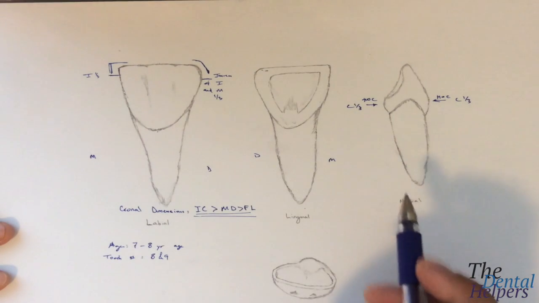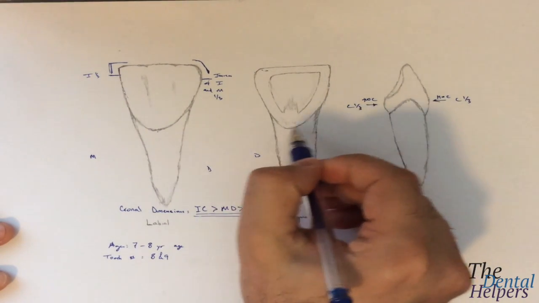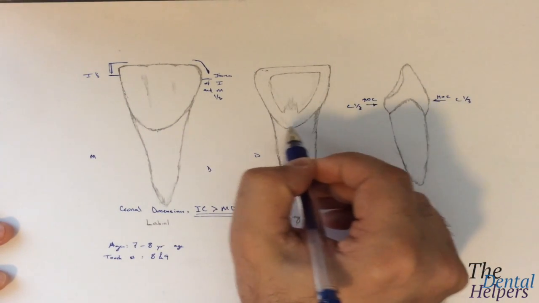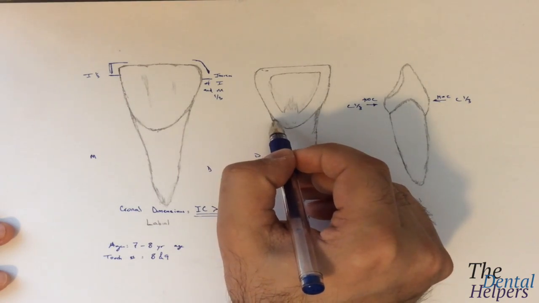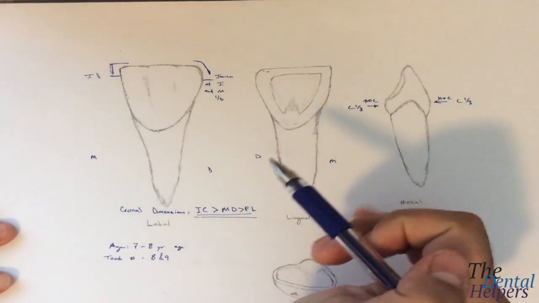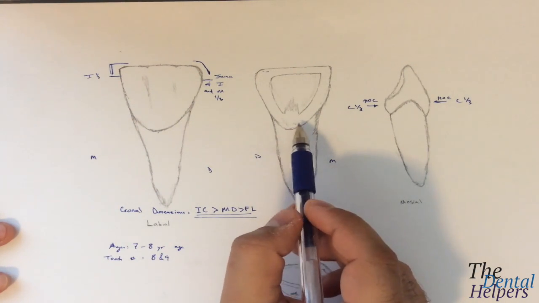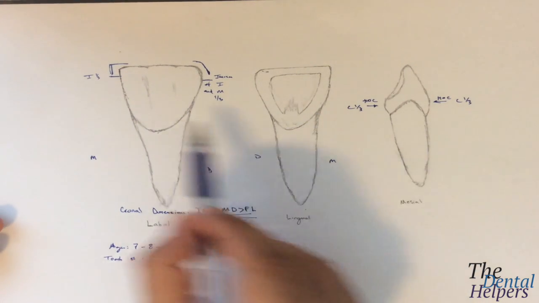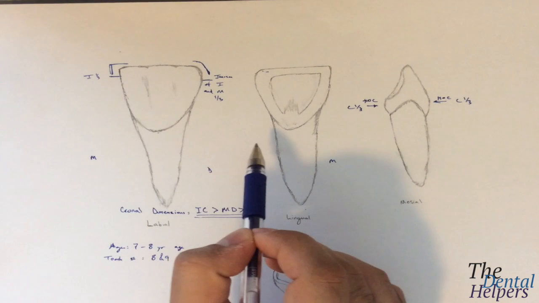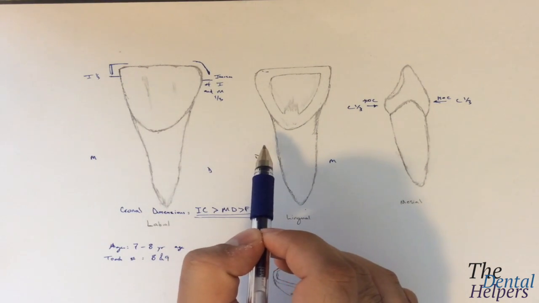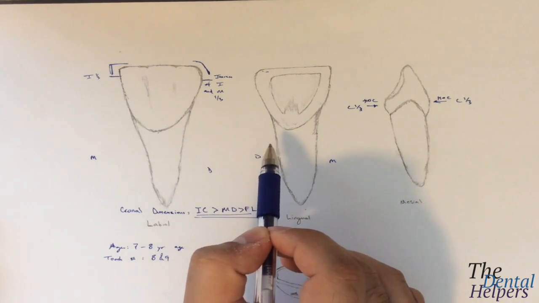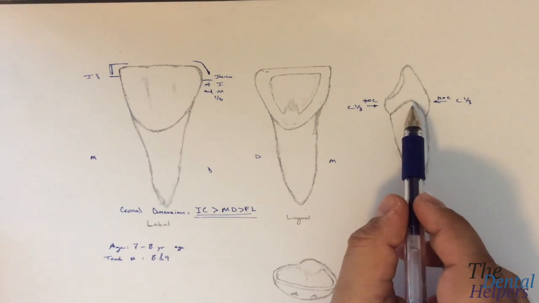Now let's look at the lingual side. My drawing is not as good, but if we were to compare the lingual to the facial, the lingual is actually slightly less convex. But on the test, just know that the lingual and labial are both going to be convex with respect to the root. Now the mesial distal is going to be the same thing.